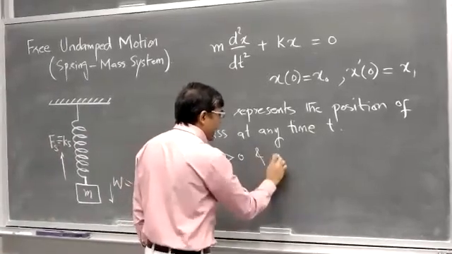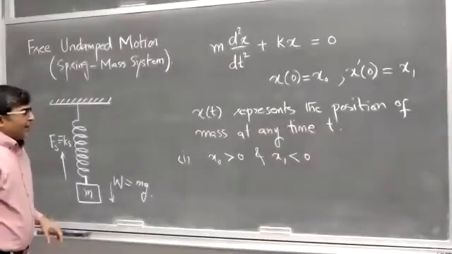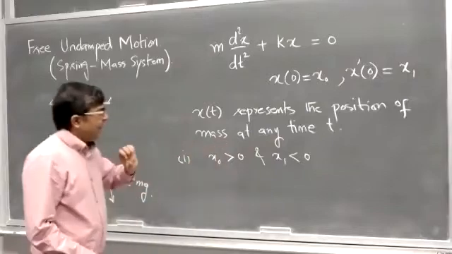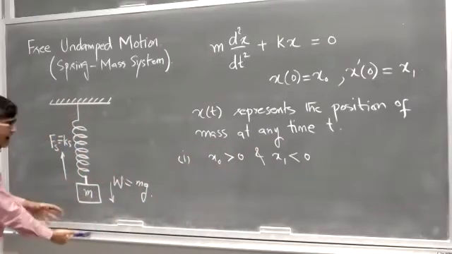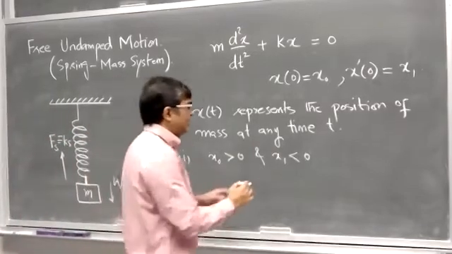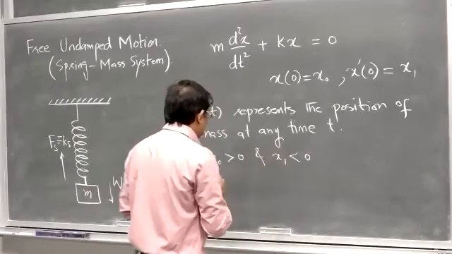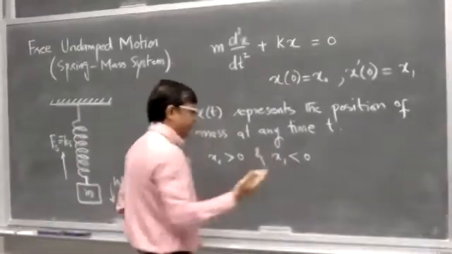And x1 is less than 0. If this is the case, it means that we pull down the mass and we leave it with an upward, negative velocity of x1 units.